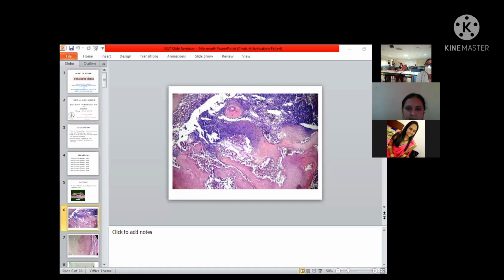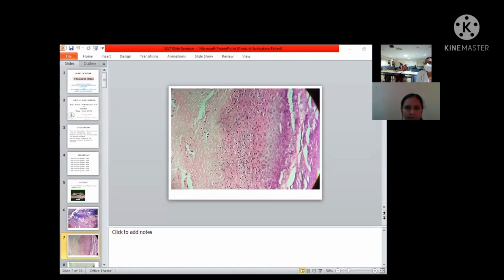Section studied shows two areas. Blue color area, basophilic cells are seen, and the eosinophilic area shows the squamous cells. This section shows mature squamous cells. Few cells show pilar change, and few cells show ghost cell appearance where the nuclei are absent and only the cellular margins are visible.